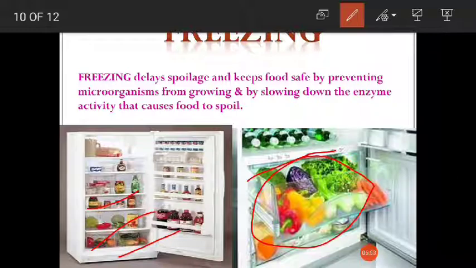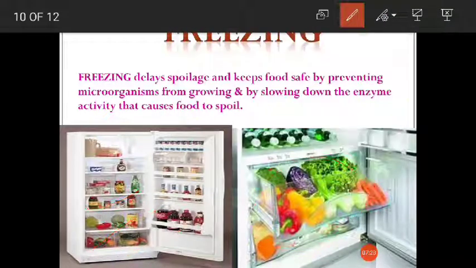It is actually done because microorganisms do not grow very fast at low temperature. Their growth rate becomes slow. Not only that, enzyme activity that causes food to spoil is also slowed down. So freezing is one of the very important methods of food preservation which we are applying in our daily life.